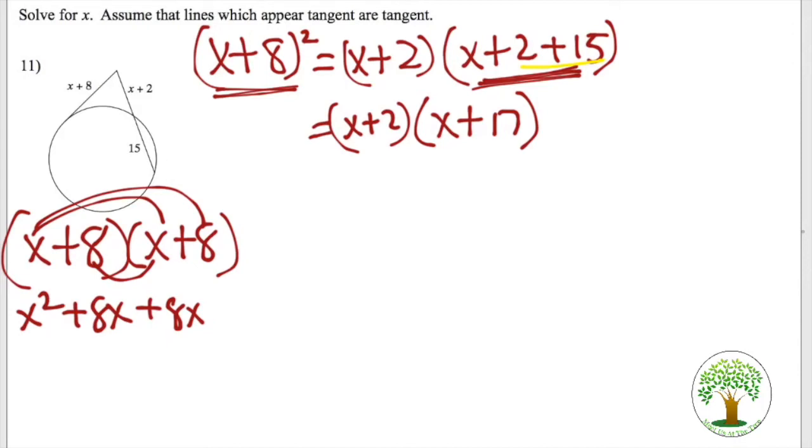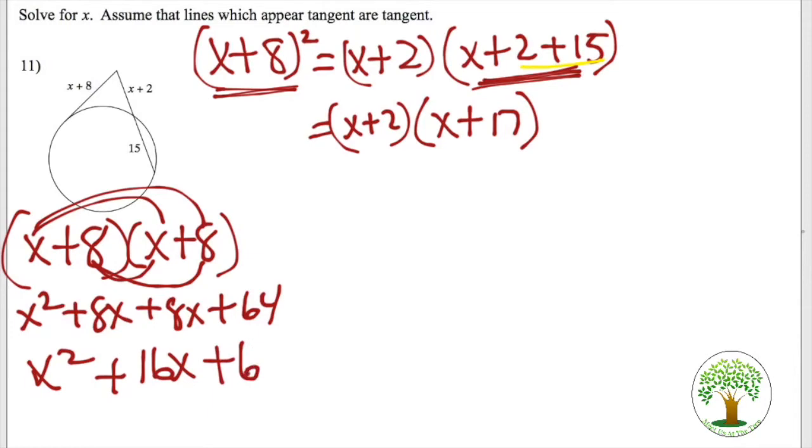And then you'll have this, which is just 8 squared, which is the 64. So you'll have x squared plus 16x plus 64. And that just goes right up in there.